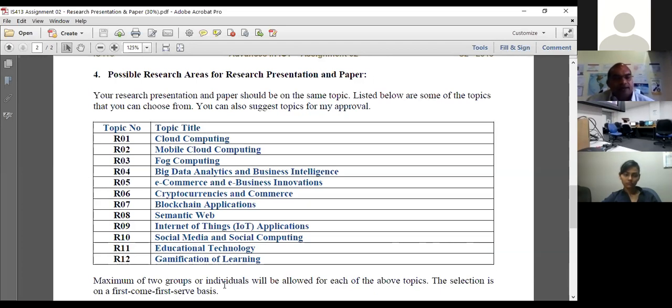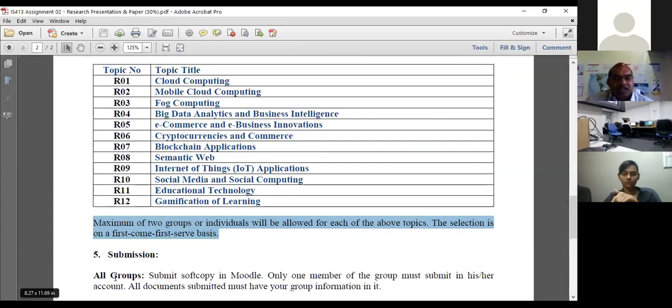Tell me that you want to do research topic 7 and you want to do it alone, or with someone else, or with 2 other people. As soon as 2 groups or 2 individuals have chosen a topic, that topic is not available anymore. And I'm going to update that on a weekly basis: which topics are still available, which topics are not available.